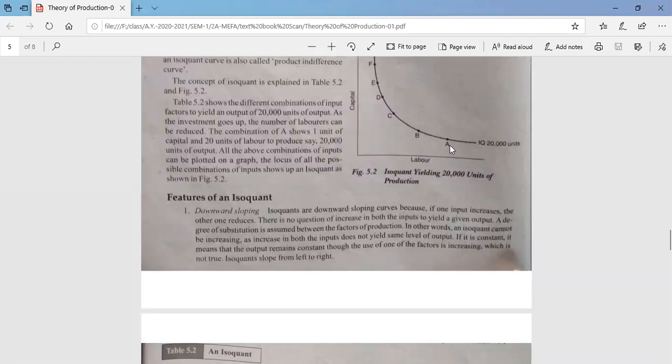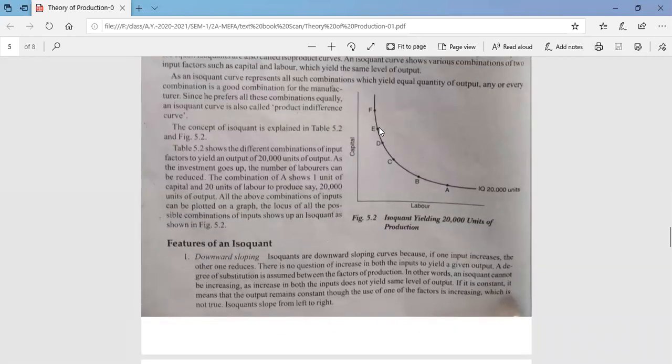What does it mean? If the curve touches the x-axis, on the x-axis the value of y will be 0. Do you get now? That means you don't have any capital. Even if we have so many laborers, the capital is 0. Without the capital, you can't produce any goods, right?